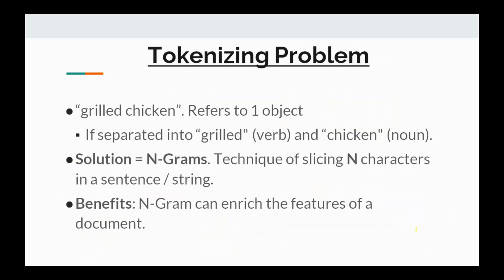Okay, but there is a problem when tokenizing, which is a change in word types. For example, in here, grilled chicken. Grilled chicken consists of two words, but it is one object, and the type of the word is noun, referring to one object.